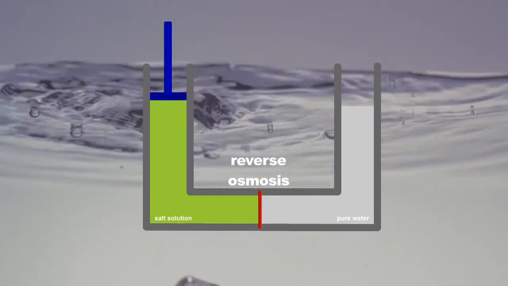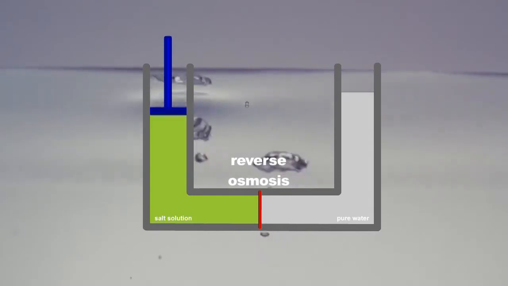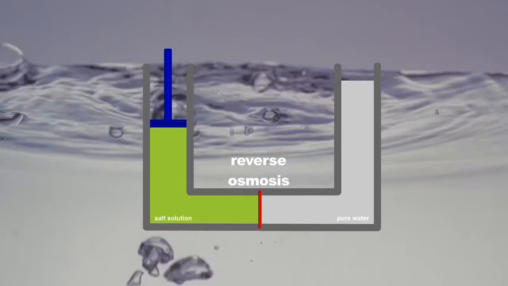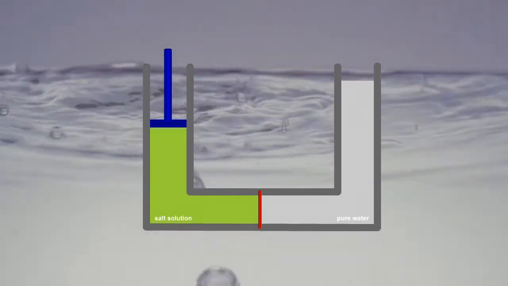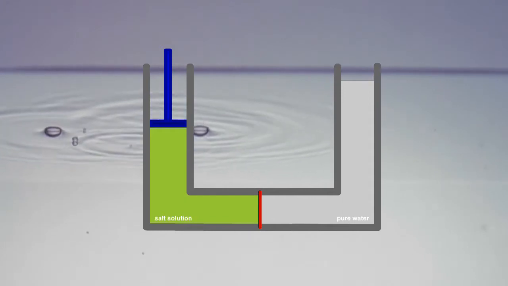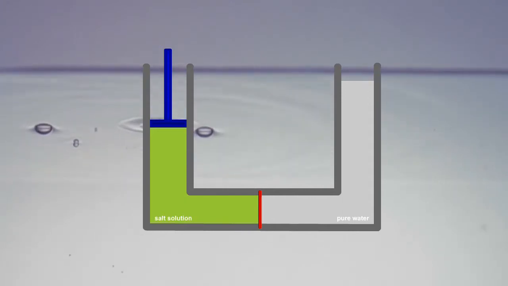It consists of forcing pure water with a high-pressure pump through a semi-permeable membrane that allows the passage of water, but not of dissolved salts. This process is not a simple sieve separation, but the main mechanism is diffusion of solution through the membrane.